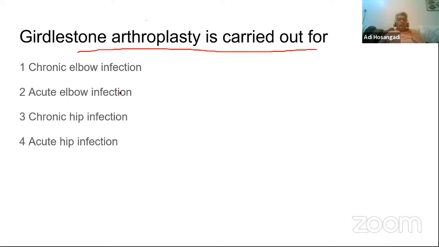Quick. Shirisha, your net is poor, I guess. Your audio is not good. Yes, sir. Hip infection, sir, but chronic or acute, I don't know. Yes, it is chronic hip infection.